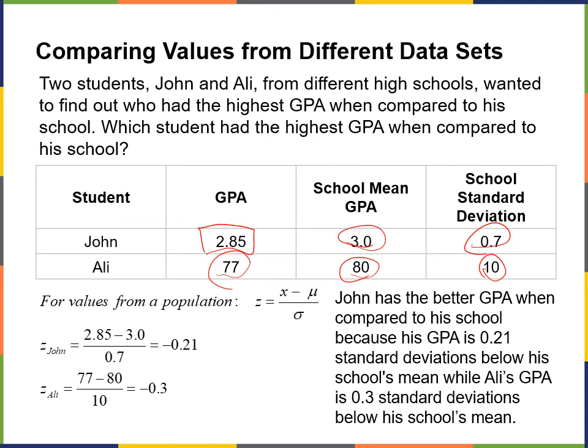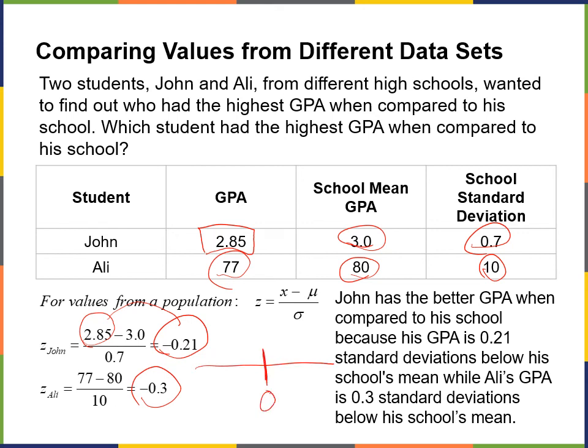If I find the z-score for John and Allie, John's GPA is 2.85, and I'm trying to turn that into a z-score. I get negative 0.21, sorry. And Allie's z-score is negative 0.3. So whose GPA is higher relative to their school? Remember, the mean sits right in the middle.